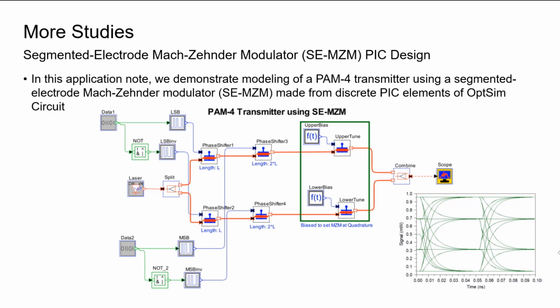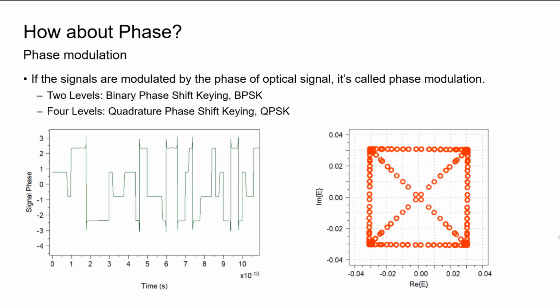So we talked about amplitude. What about the phase? Also, if the signal is modulated by the phase of the optical signal, we call it phase modulation. So in the same way, if we modulate it in 2 levels, we call it BPSK. If we modulate it into 4 levels, we call it QPSK.